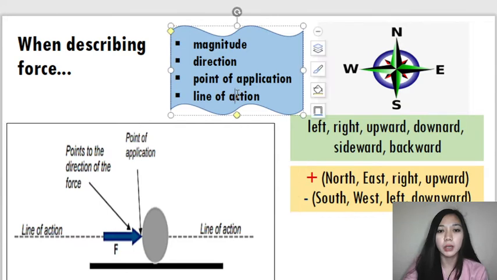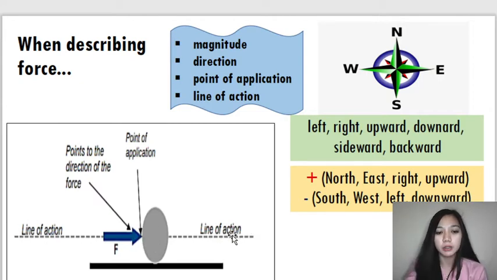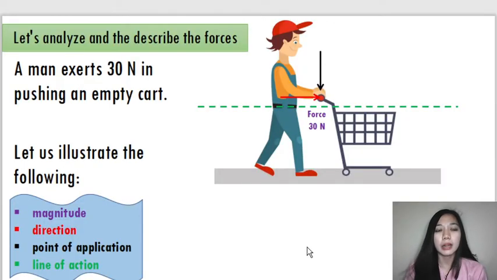And when we say line of action, the line of action is a straight line passing through the point of application and is parallel to the direction of the force. So, kung saan yung point of application mo at kung saan yung direction ng force, ito yung ating line of action. Alright?